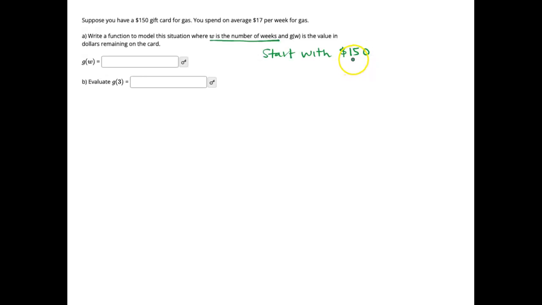So we're starting with $150, and then it's decreasing by $17 per week. And so let's think about that as we're thinking about how we're going to write this equation.